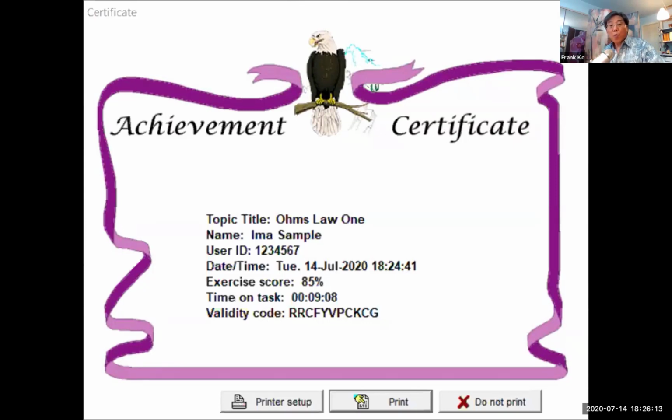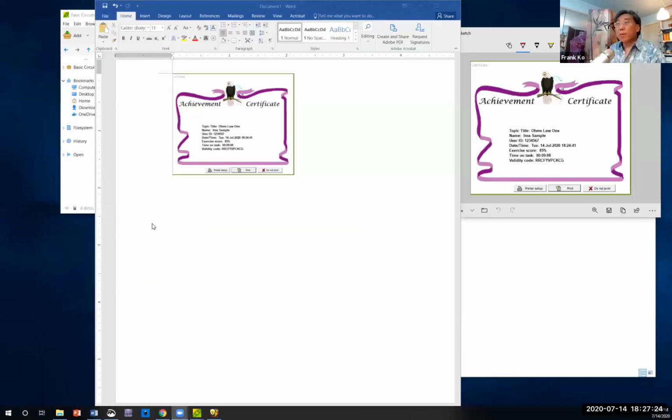So what you do is you can hit print, and you can save it as a PDF, or you can also do a snip. So I'm going to come up here, hit new, and I'm going to snip this. Boom. And open up a Word document.